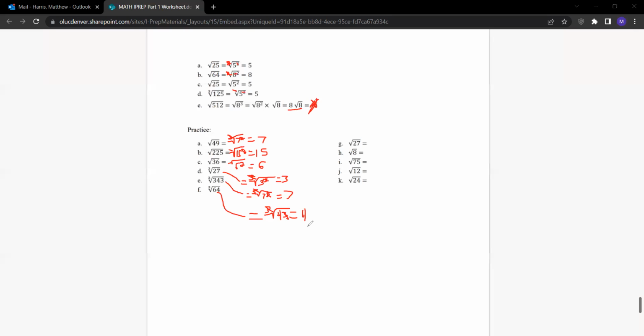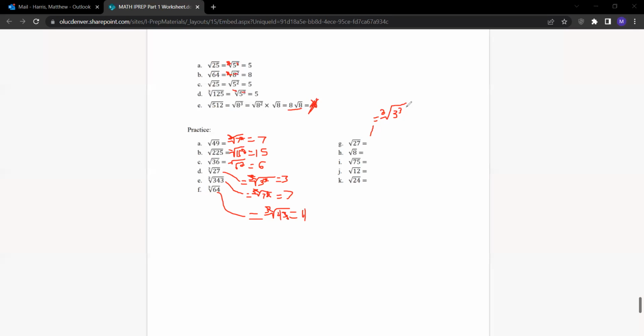All right, so here's where it gets a little bit more complicated, right? So we have the square root of 27. So as we kind of talked about already, the square root of 27 is 3 cubed, right? So now these 2 and that 3, they do not match, right?